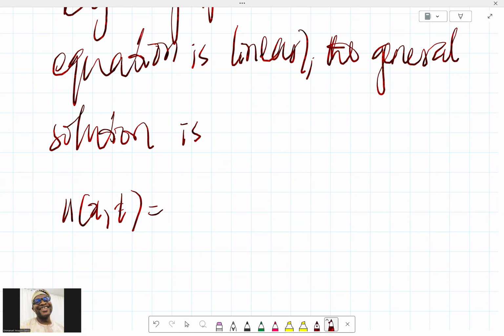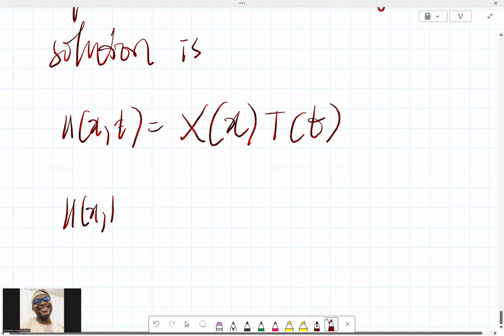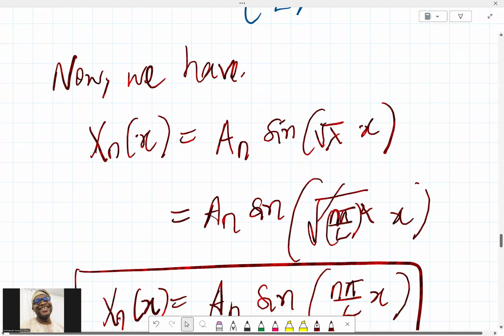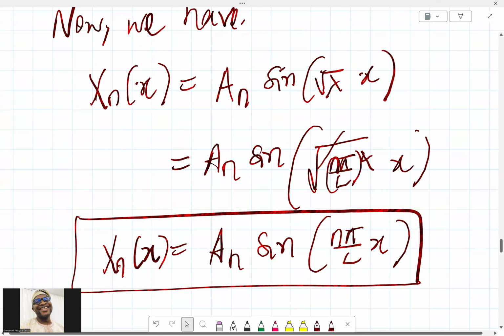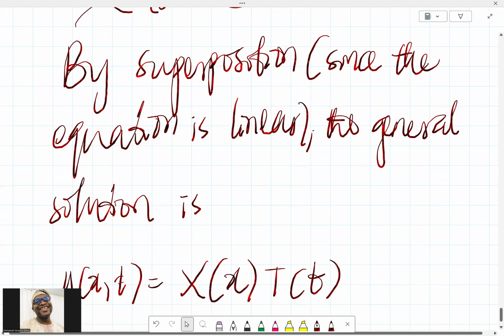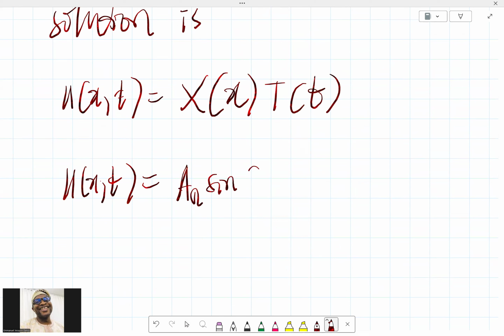remember where we're coming from, right? Normally it should be X(x) multiplied by T(t). So it means that u(x, t) should actually be the X(x) we got. What was that X(x)? It's an sine n pi over L x.